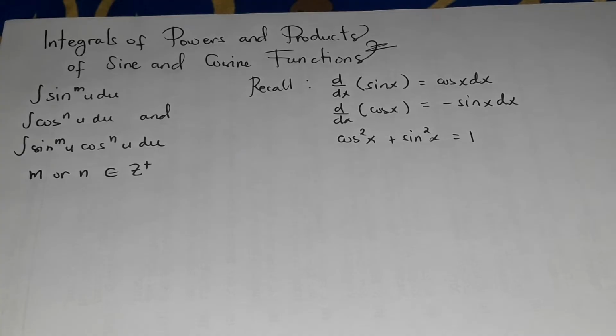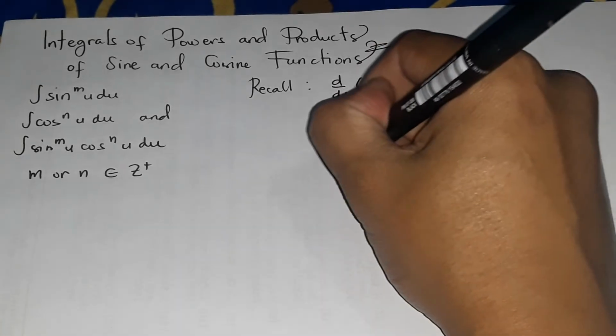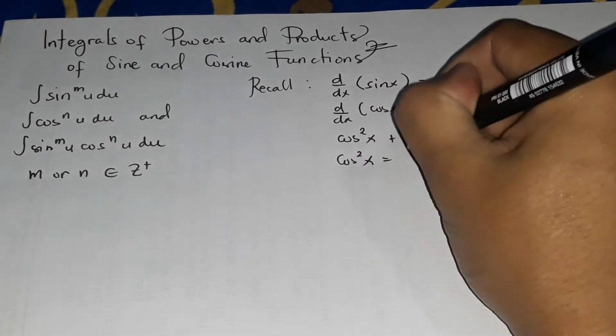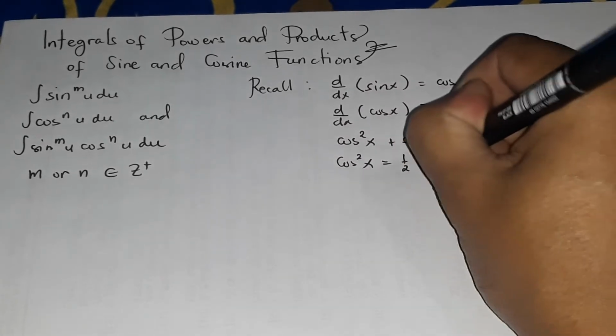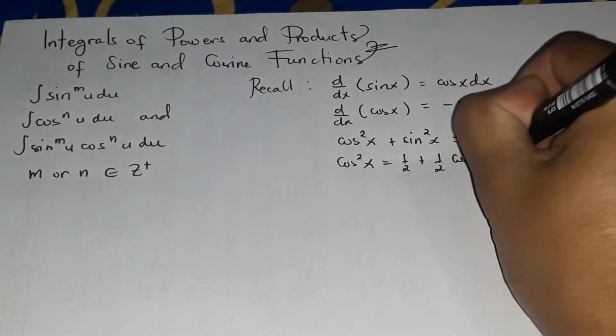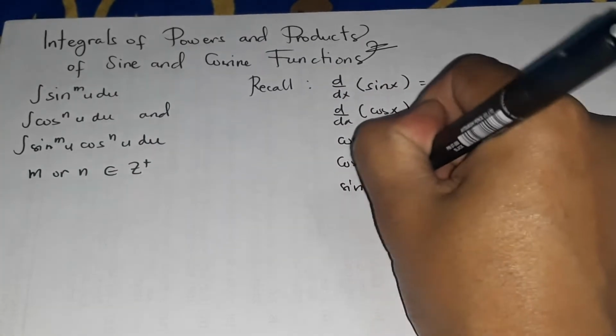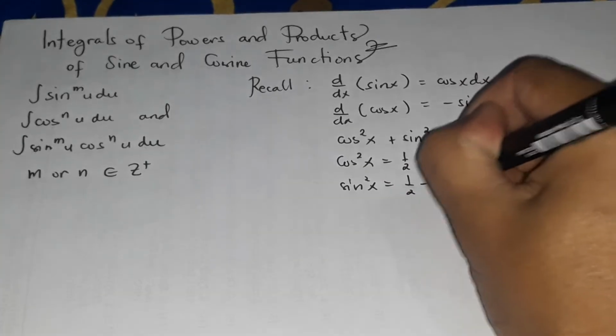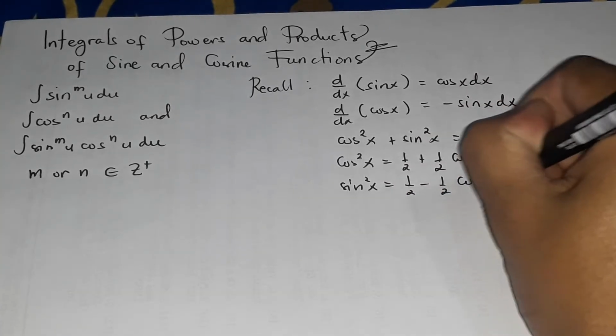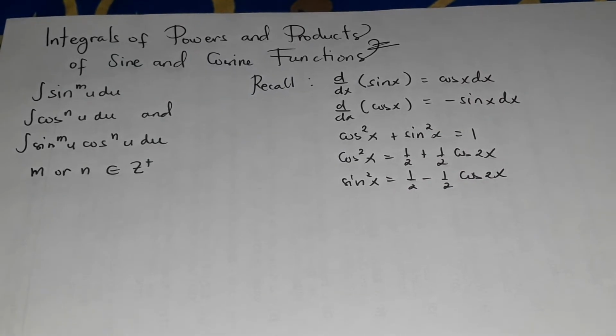And for m or n an even integer, we will be using cosine squared x equals 1/2 plus 1/2 cosine of 2x, and sine squared x equals 1/2 minus 1/2 cosine of 2x. So I think we're all set, and let's have some examples.